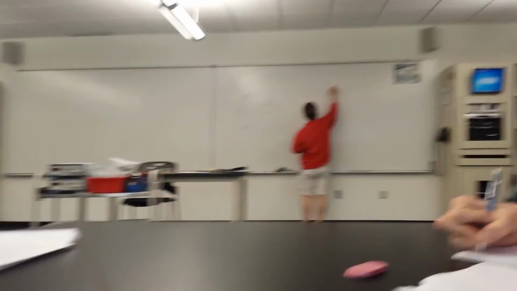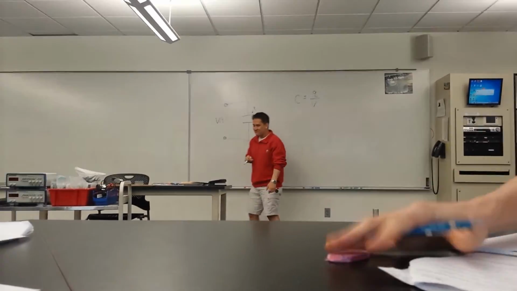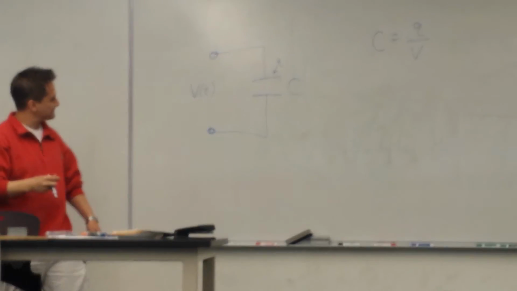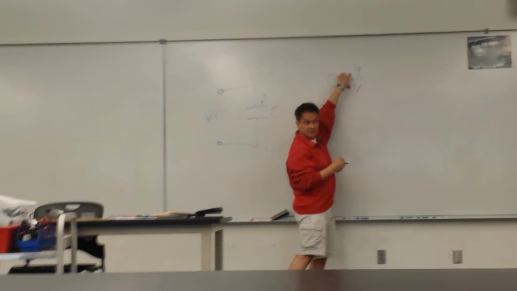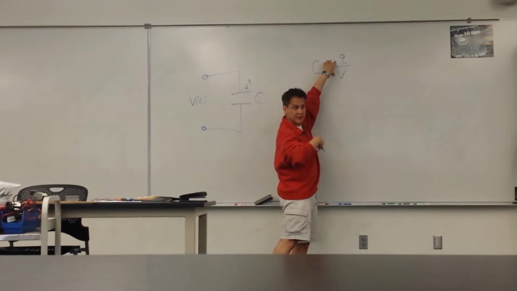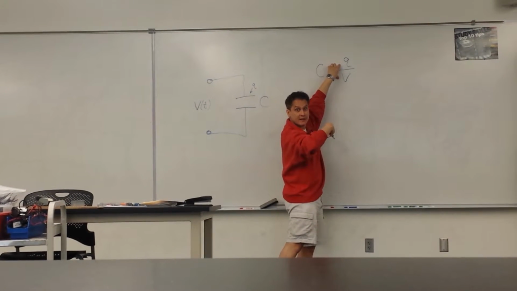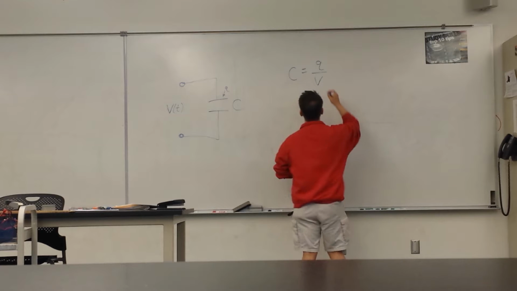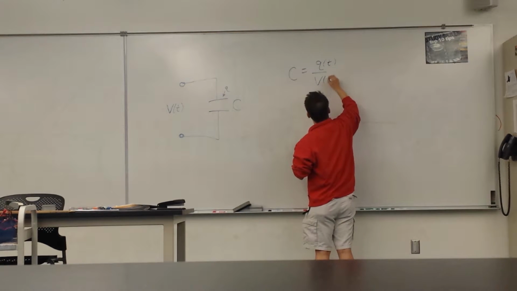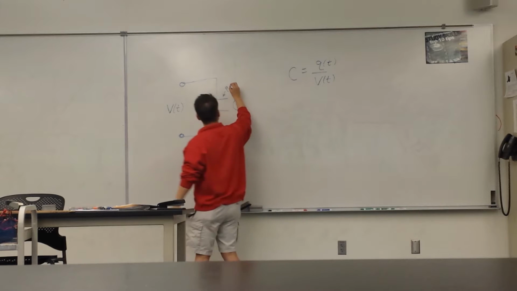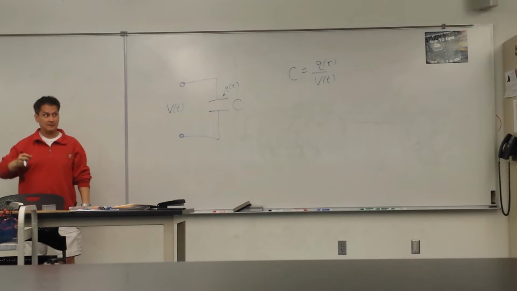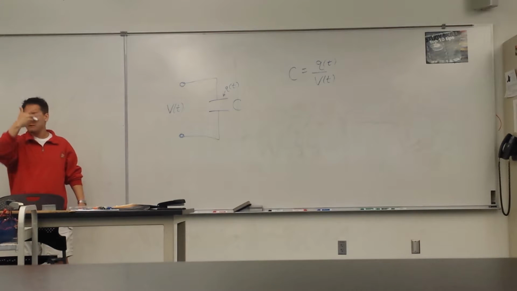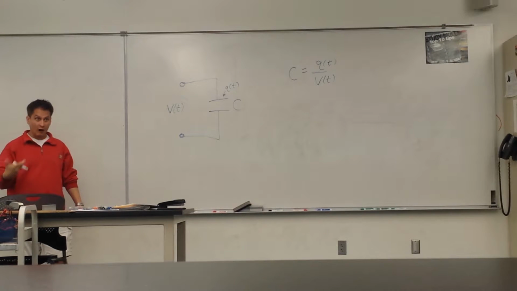And we started out last week by looking at the definition of a capacitor as the ratio of charge to electric potential difference across either side of the conducting plate. And I'll point out that if you have a changing voltage, you'll have a changing quantity of charge. They'll be proportional to each other, maintaining the constant capacitance.